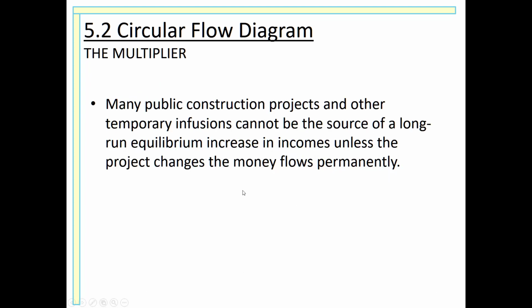So many public construction projects and other temporary infusions cannot be the source of a long-run equilibrium increase in incomes unless the project changes the money flows permanently. And that's the idea. That's how you're going to increase the level of income in the region. You can see that exports or monetary inflows really can increase income in a region, which is going to translate to employment and development. We're going to talk more about that in the slides.